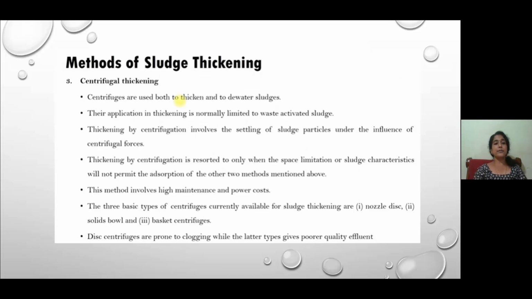And next is centrifugal thickening. As the name suggests, the sludge is thickened due to the action of centrifugation. That is, both purposes are satisfied during this process: centrifugal thickening is a dewatering and thickening process.